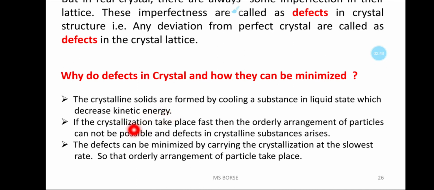If the crystallization takes place very fast, then an orderly arrangement of the particles is not possible and defects arise in the crystal. The defects can be minimized by carrying out crystallization at a very slow rate, so that the orderly, periodic arrangement of the particles takes place and we get the perfect crystal.